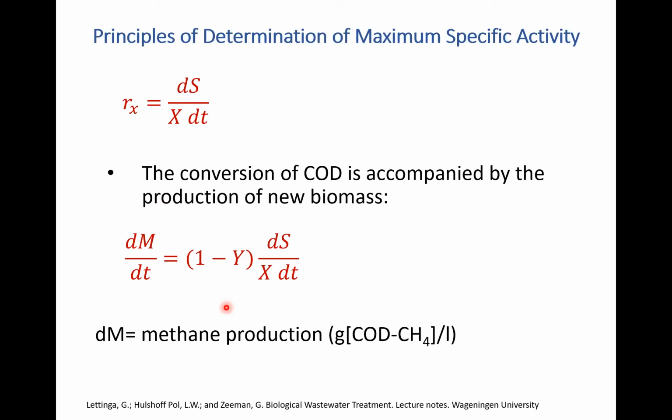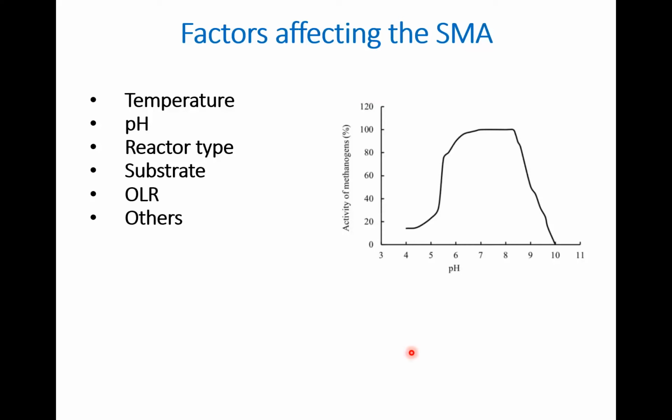So basically these are the units for methane, in this case COD converted to methane per gram per liter. Of course, the activity depends on many factors, especially for big scale systems: temperature, pH, reactor type, substrate, organic loading rate, and so on. And this is just an example of the activity in the big scale.